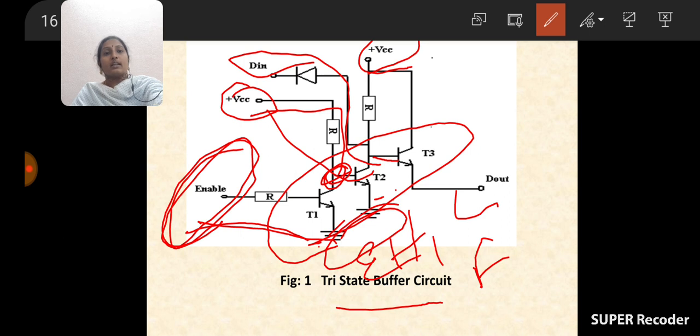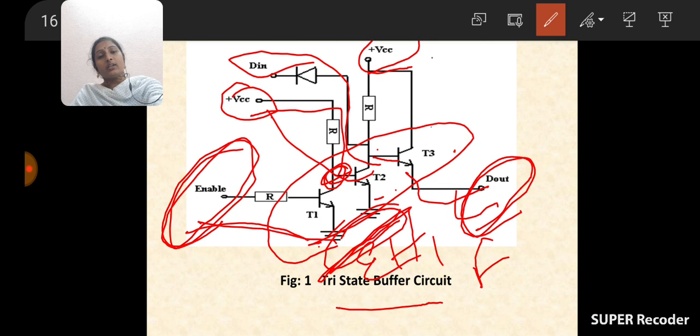So simply, collector of T1 is connected to supply voltage, collector of T2 is connected to supply voltage, collector of T3 is also connected to supply voltage, and finally the output appears across the emitter of T3. Emitters of T2 and T1 are connected to ground, but output appears across T3.